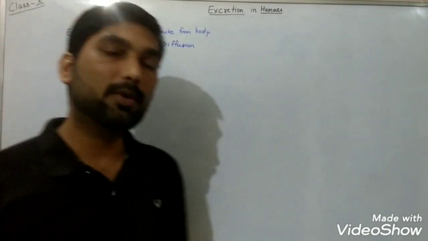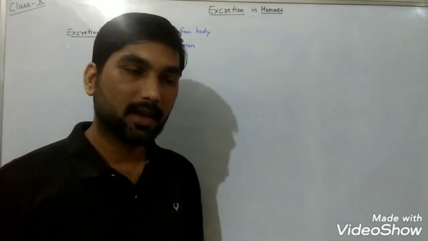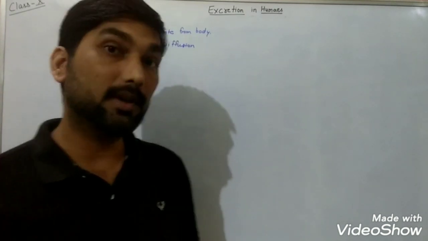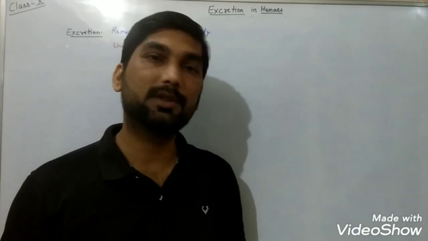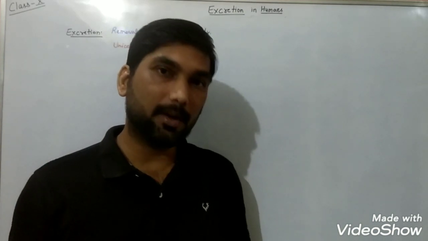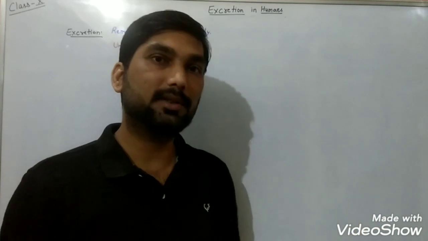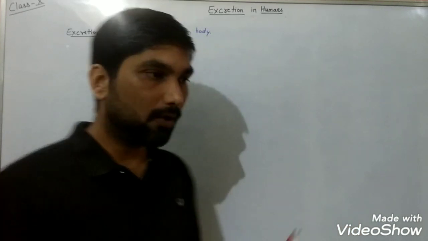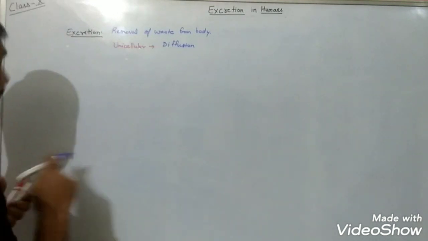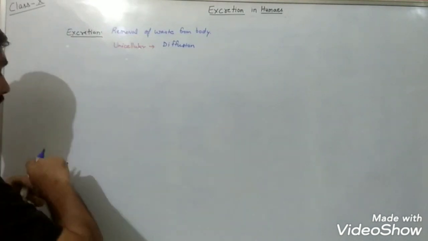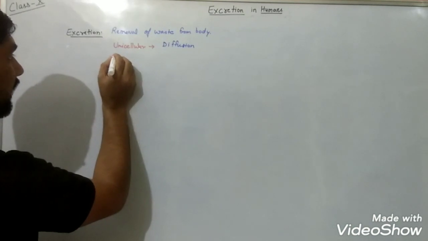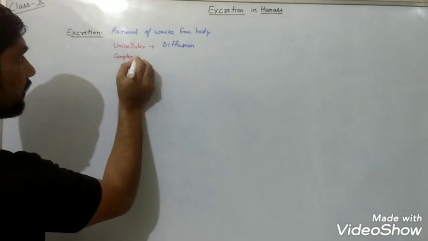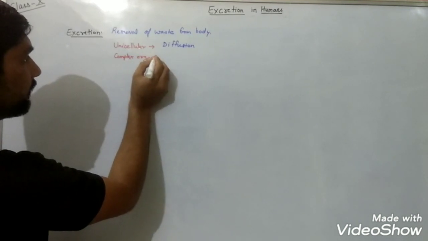But when we consider multicellular organisms and higher complex organisms like birds and mammals, like humans also, we have a well developed excretory system which is made up of multiple organs. So all these organs create a system in multicellular and complex organisms.